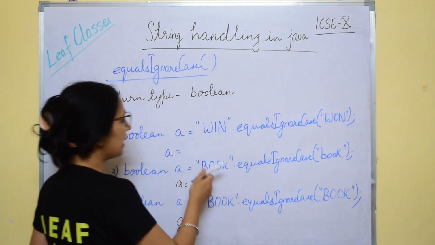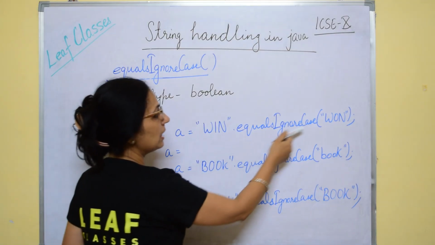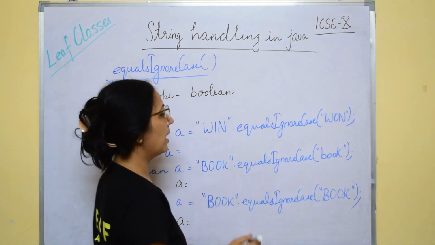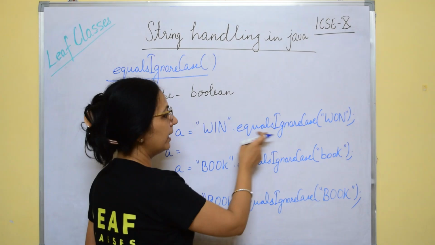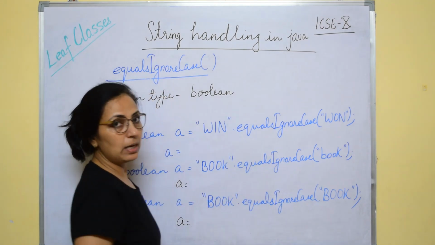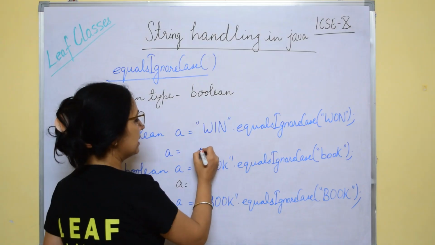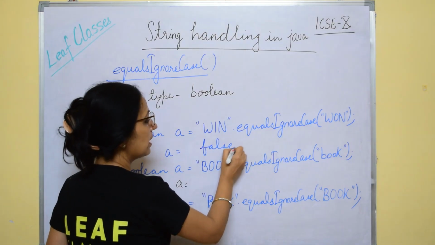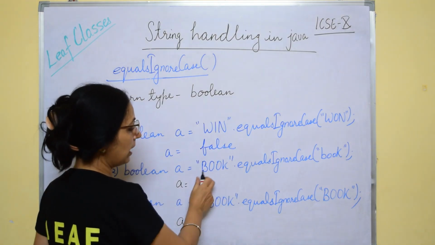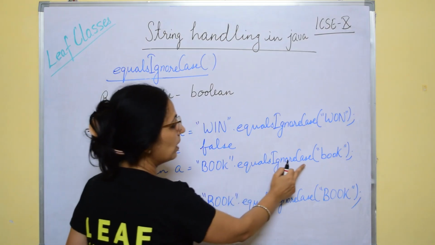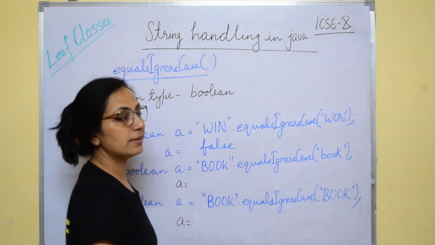Okay, let's take the example win dot equals ignore case 1. Obviously, whether with equals or equals ignore case, both strings are not identical, so the answer will be false. The next is book in capital dot equals ignore case book in small.